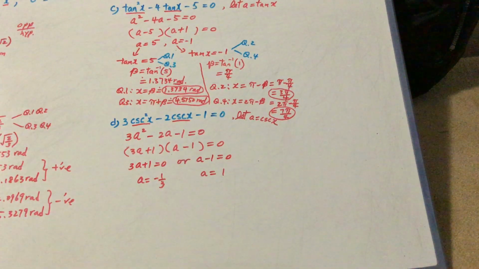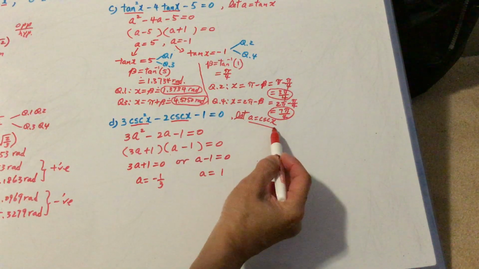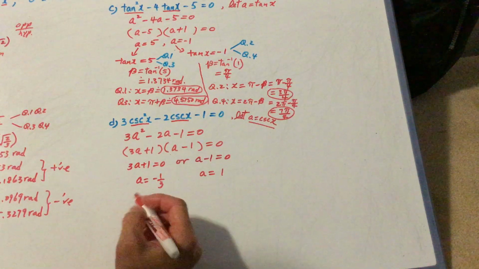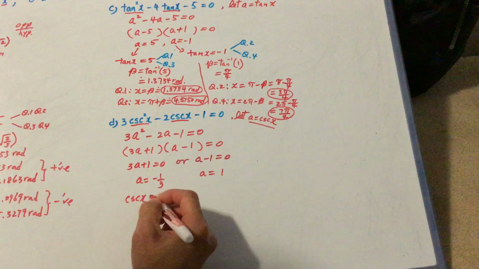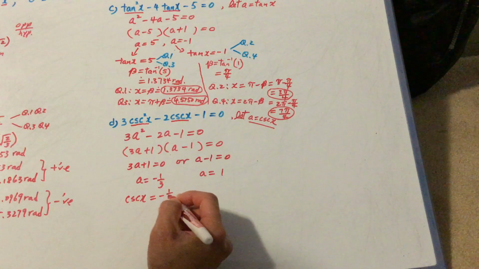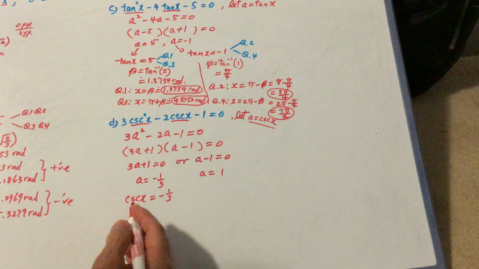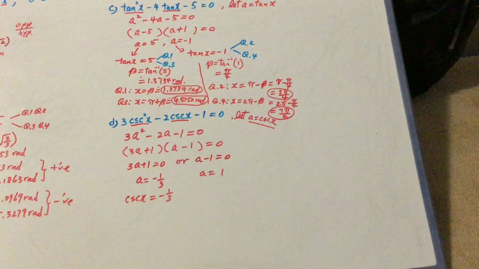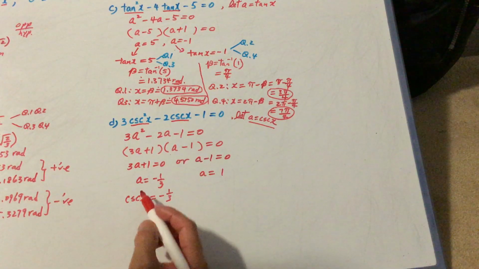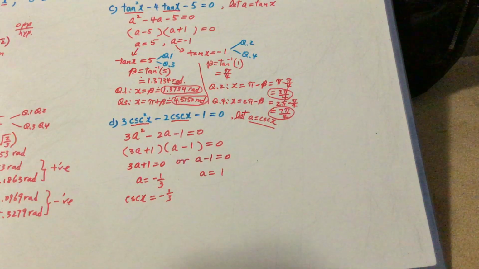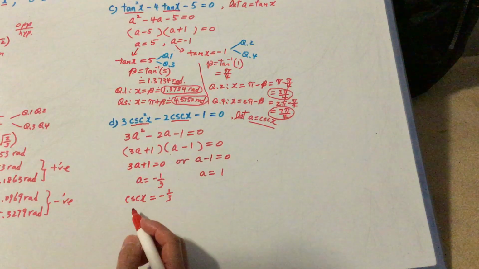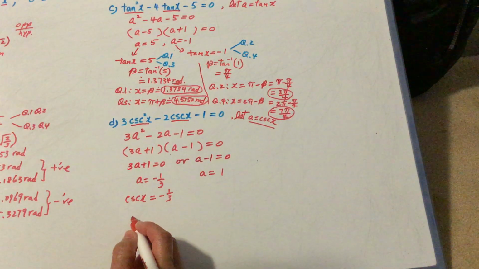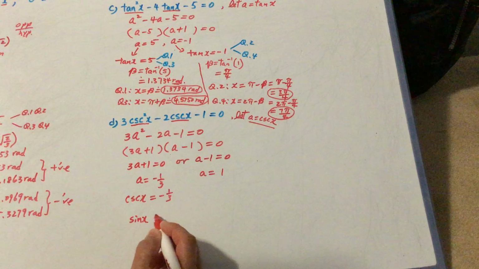But we know that A in fact is equal to cosecant x. So I'm going to replace the A with cosecant x, that is equal to negative 1 over 3. But we cannot do a cosecant x on our calculator, right? So it's important that we turn any reciprocal back to the primary. So cosecant x is the reciprocal of sine x.